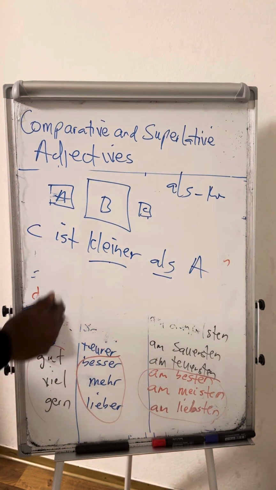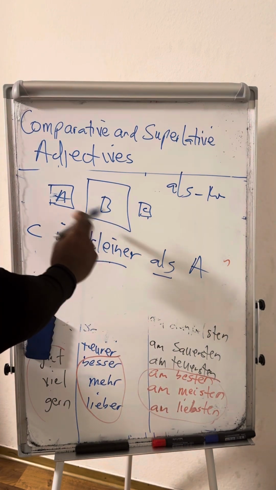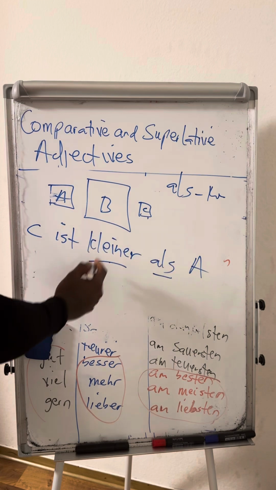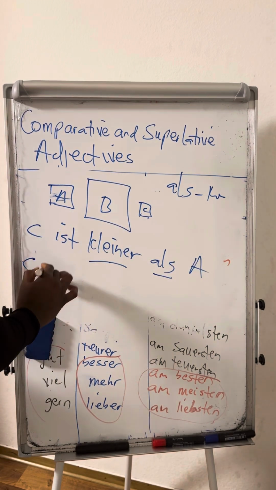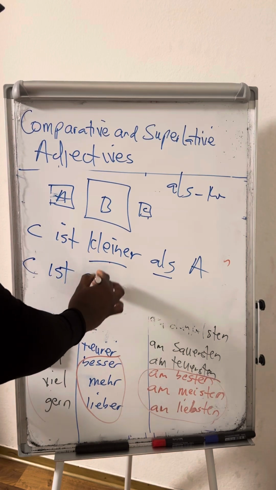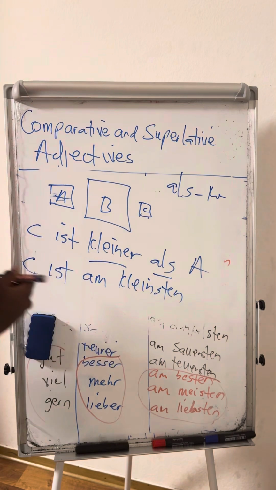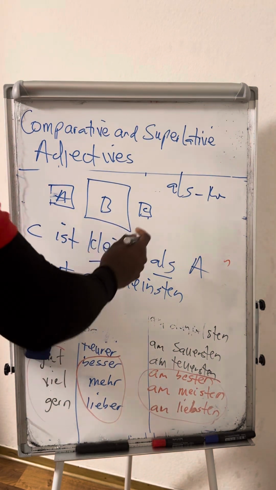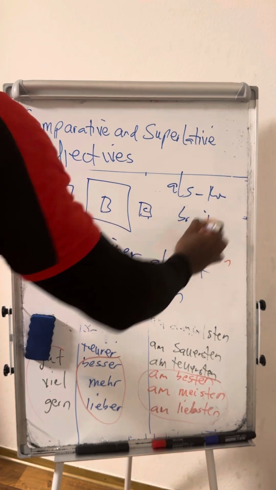You understand? Now if you want to say C is the smallest, you use klein and kleinsten. You understand? Now let's say breit. Breit means wide.